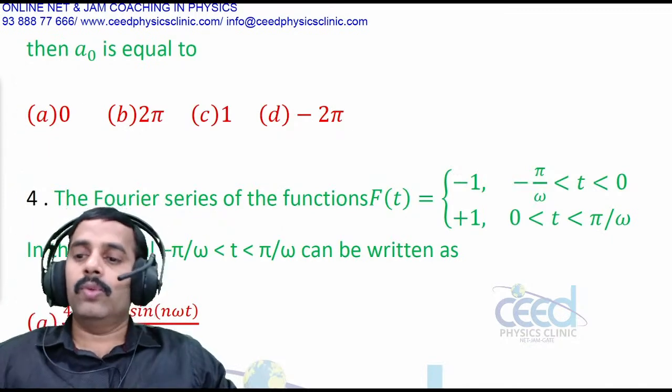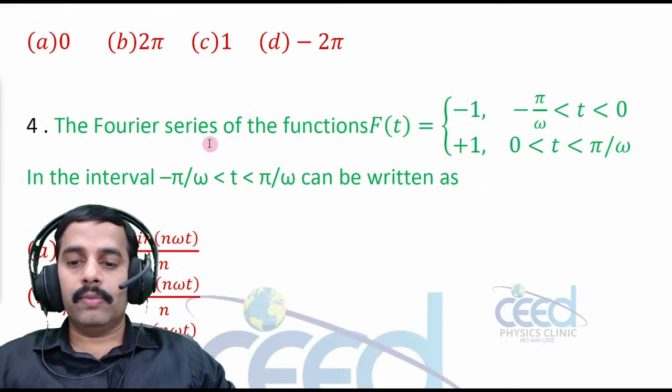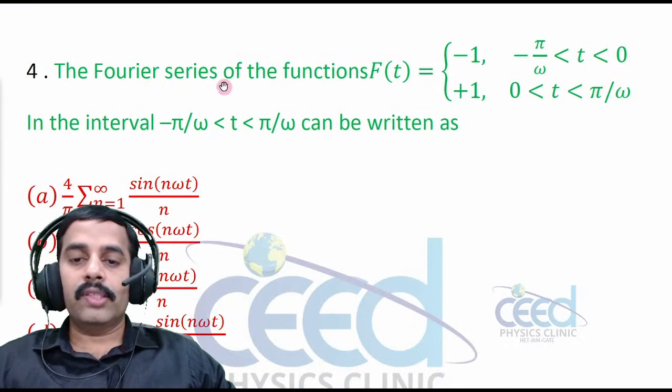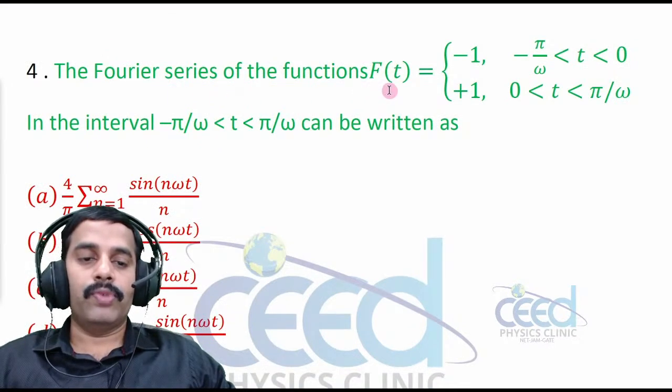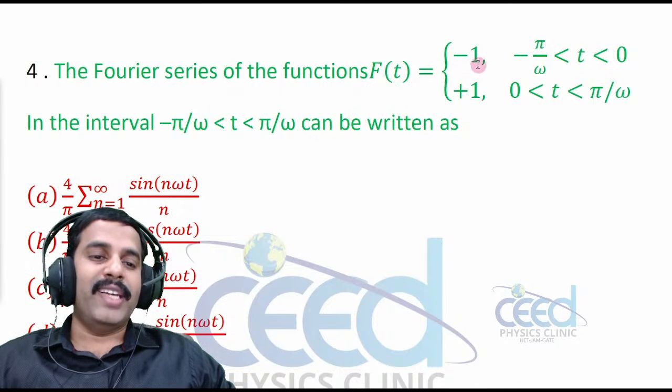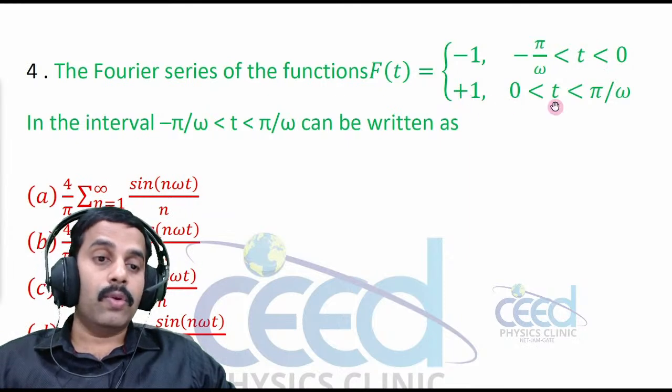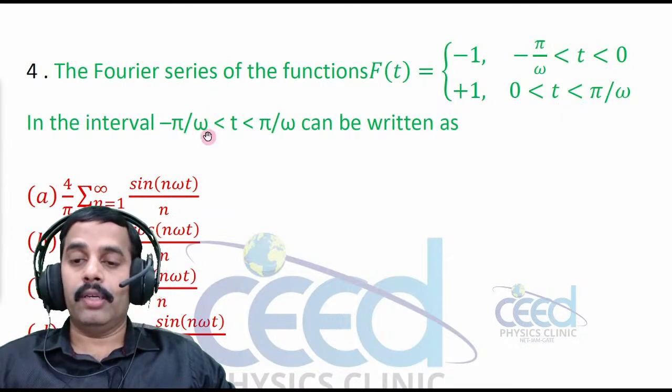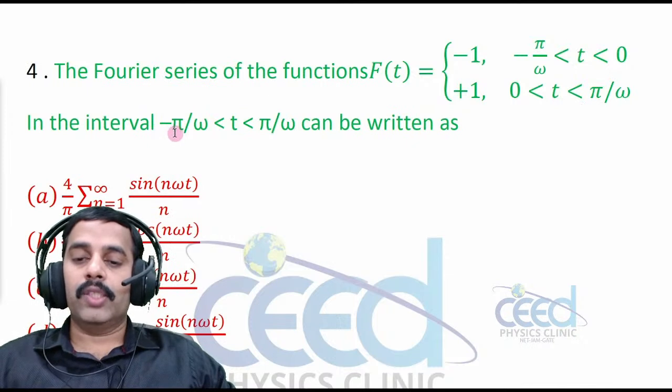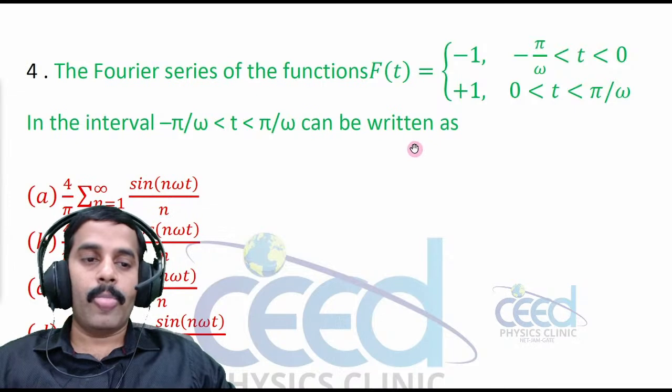Now let us go to another question. The Fourier series of the function f of t, minus 1 in the interval minus pi by omega less than t less than 0, and plus 1 for 0 less than t less than pi by omega, in the interval minus pi by omega less than t less than pi by omega, right?